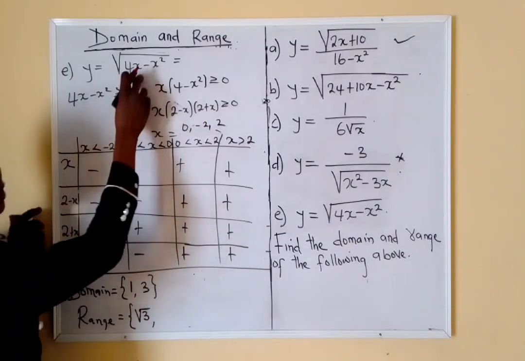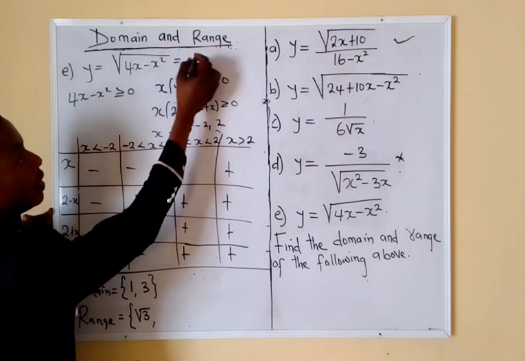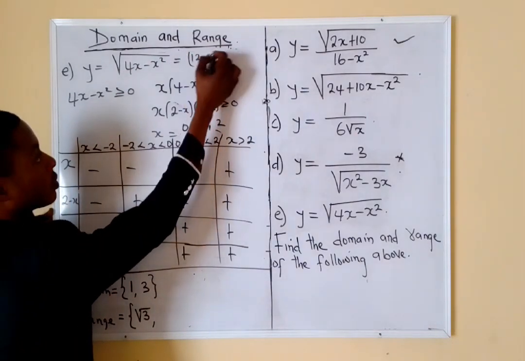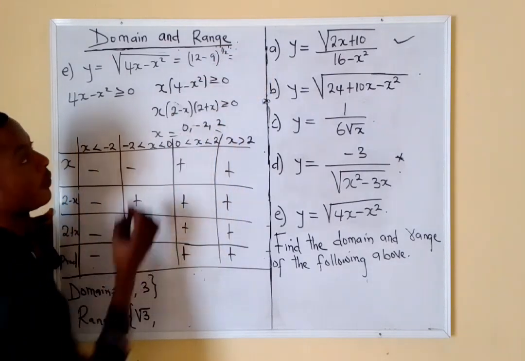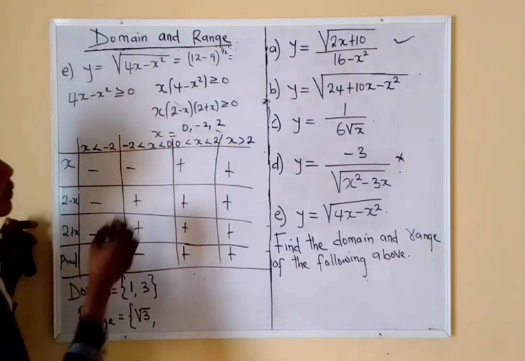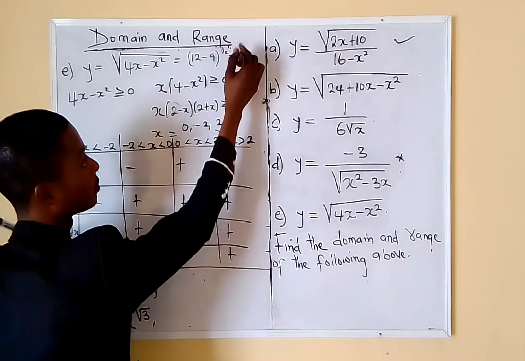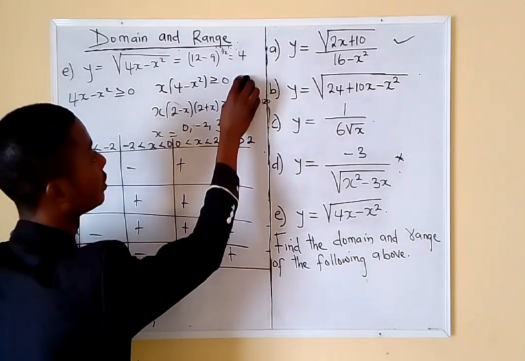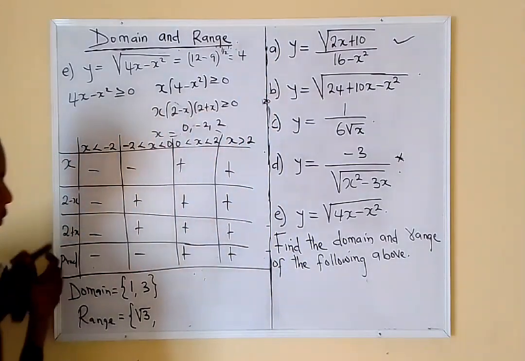So that means we are going to have the square root of 4, because this 1 over 2 as the power means square root of 4. So the square root of 3 will still repeat itself here, because it's an irrational number. So this is the domain and this is the range.